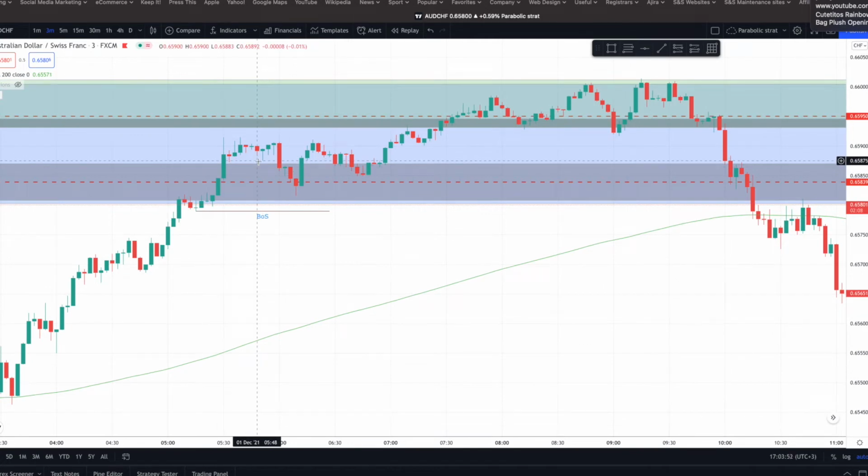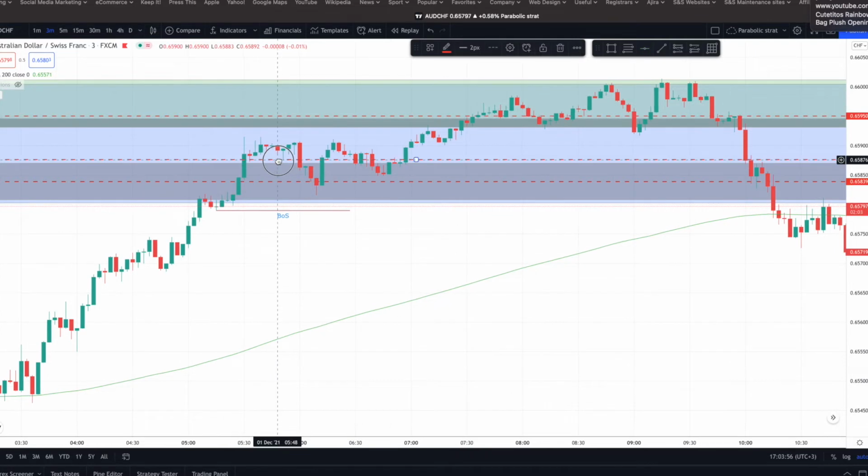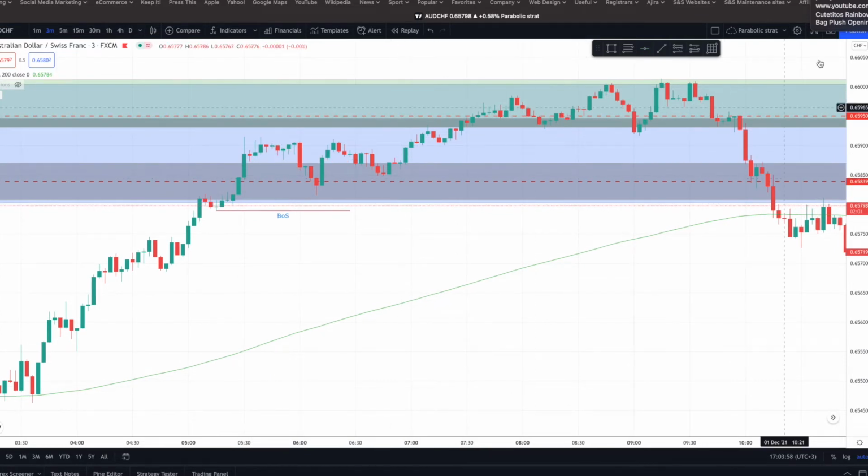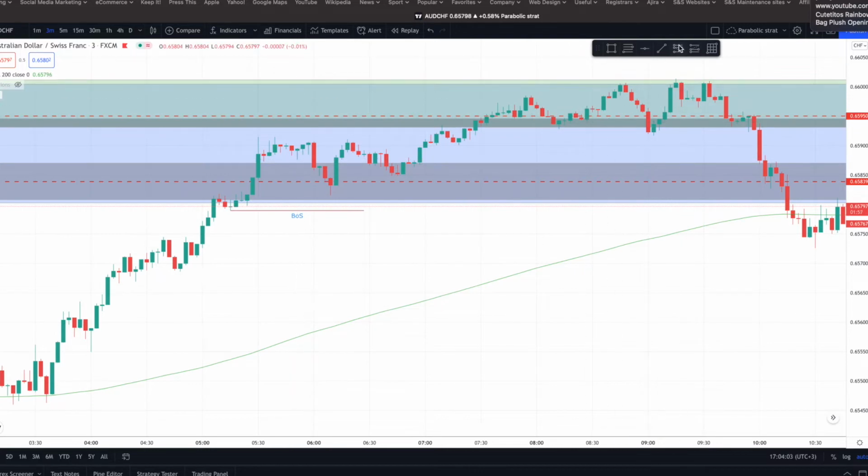Some people might look at this right here as a break of structure, right over there. Sorry, I mean delete that. Use this one. Some people might say, okay, that right there is a break of structure, right? Which is fine. The problem is you've just pushed through a resistance, right?